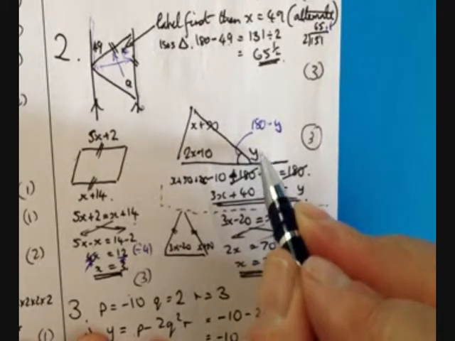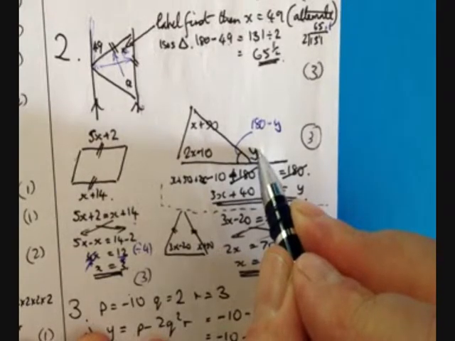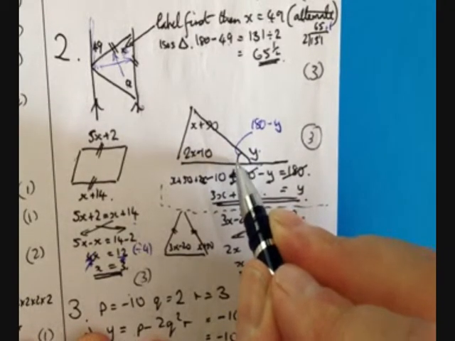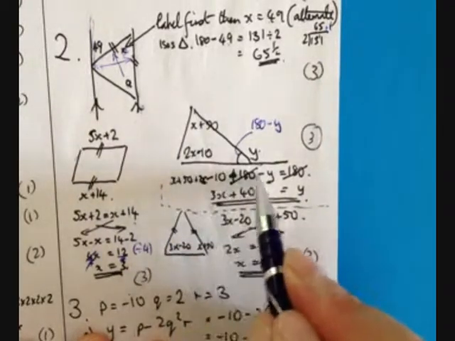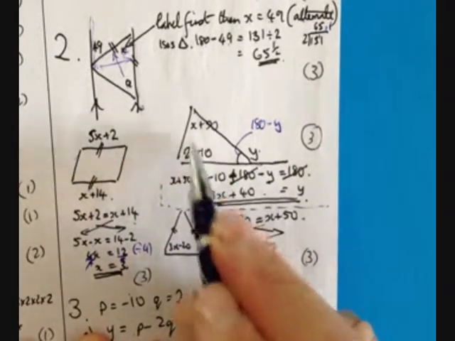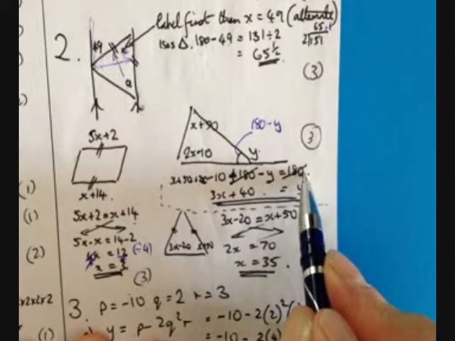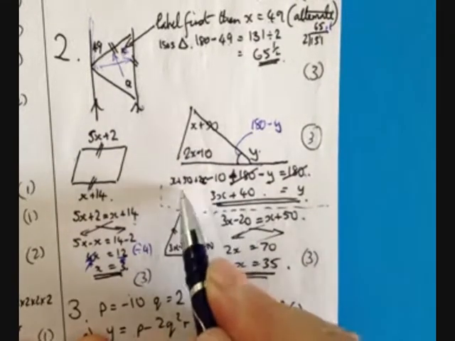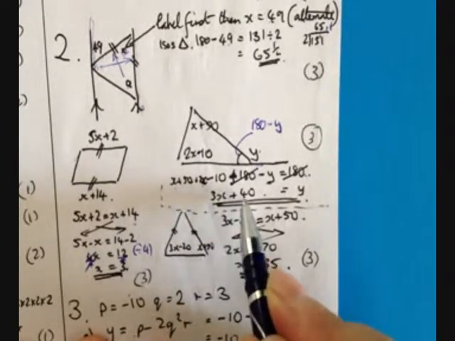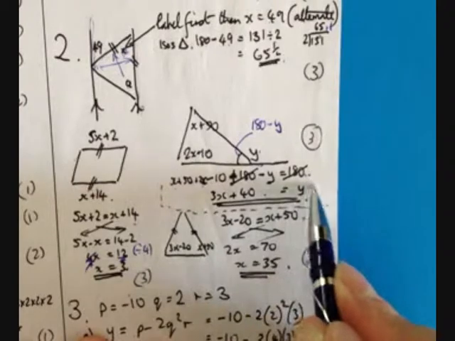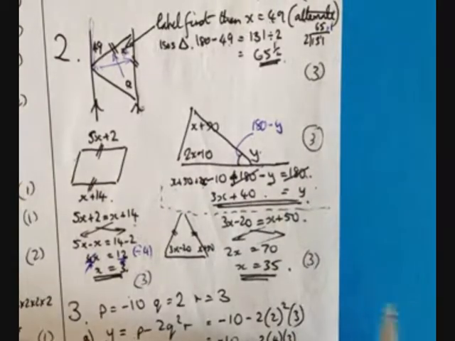And the other way around, if this was 160, this would be 180 minus that, so that would be 20. So I've then just made an equation by adding all those together, and they make a triangle which is worth 180. Move it all around, you get x plus 2x is 3x, 50 minus 10 is 40, and move the y over the other side, and there it is.